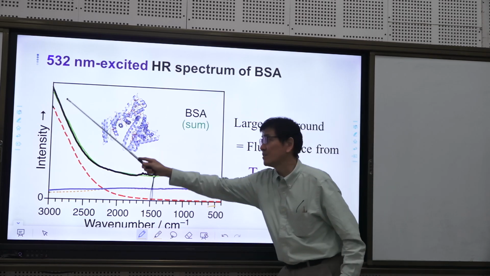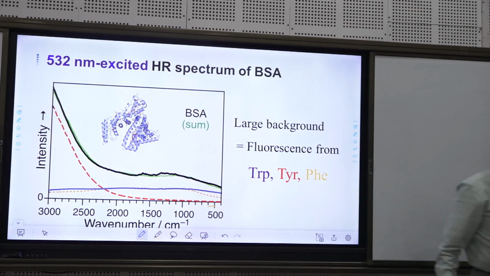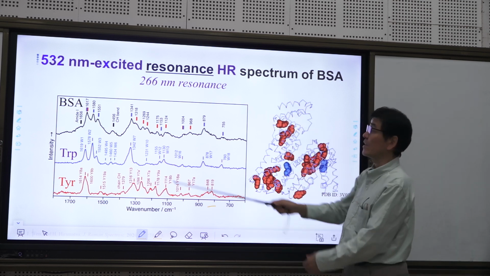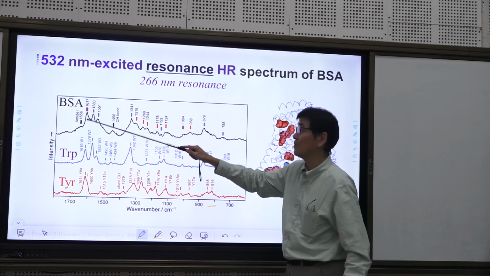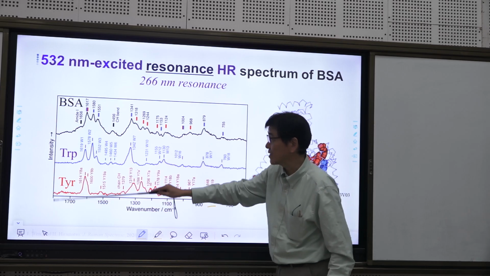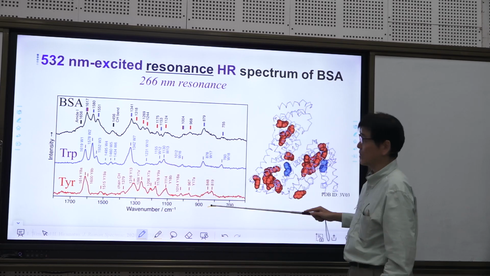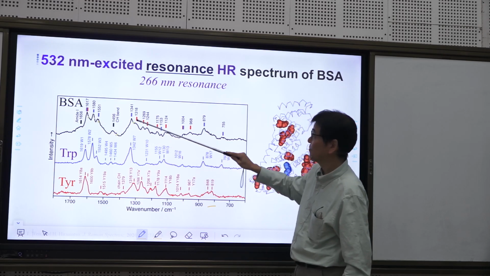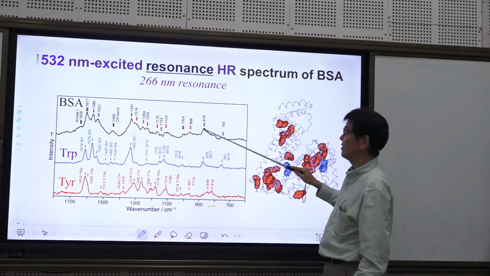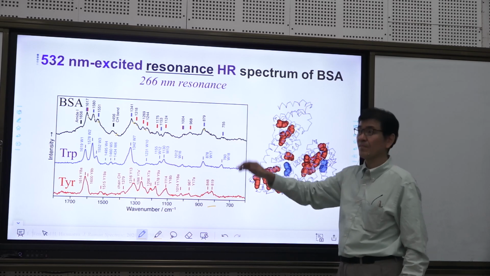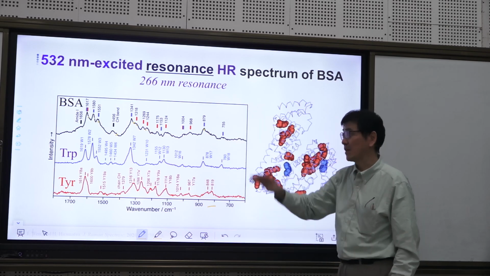So let's fit by baseline fitting. Then, after subtracting the baseline, we get the blue and black spectrum of BSA. Vertical axis is intensity, horizontal axis is wave number, and there are some peaks. Okay? Now we can discuss where the peaks are by subtracting the large background.